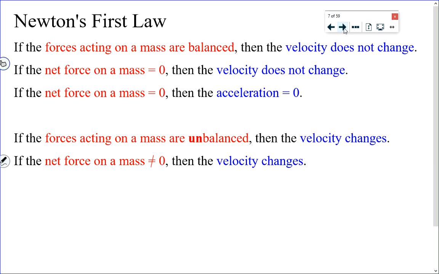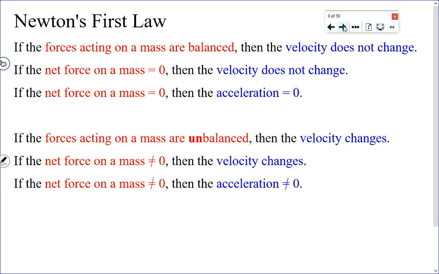Maybe the net force is 100 newtons south. But if there is a net force, because it's not zero, then the velocity changes, but that means if the net force is not zero, the acceleration is not zero. And that last statement is one that I think you really have to stop and think about. What is it saying? It's saying if there is a net force, there is an acceleration.